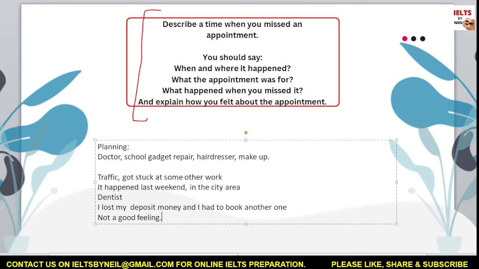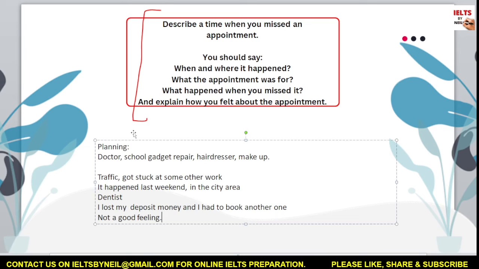Now when you finish talking about all these things, first of all you have to give an introduction, that it's always good to be on time, but sometimes we do have other commitments which make us late for other things. And then you can talk about the actual points, like when and where it happened, what the appointment was, and explain all these points. And even after that, if you still have some time, if the examiner has not stopped you.